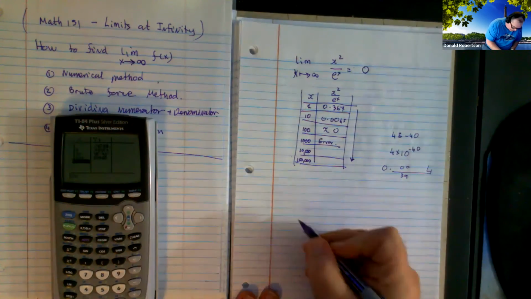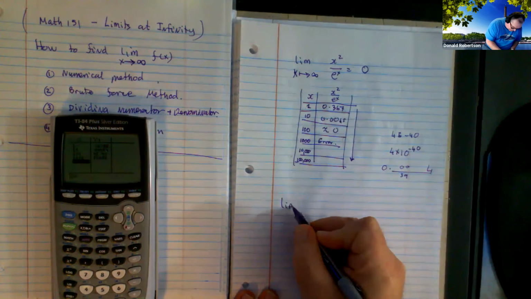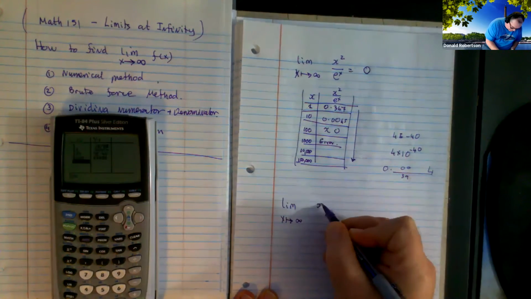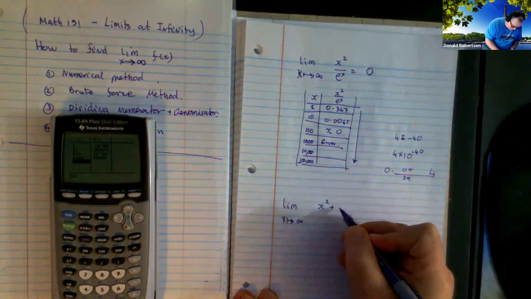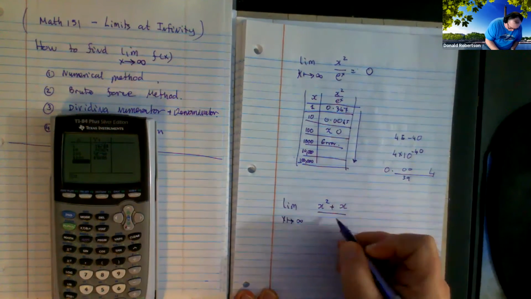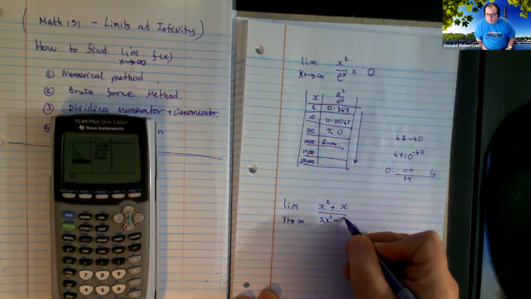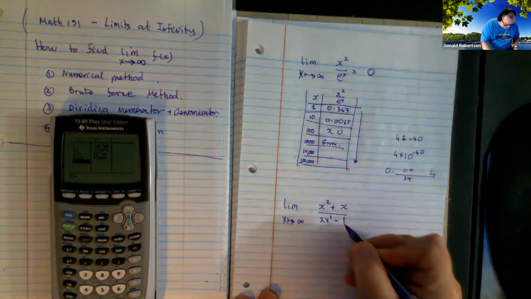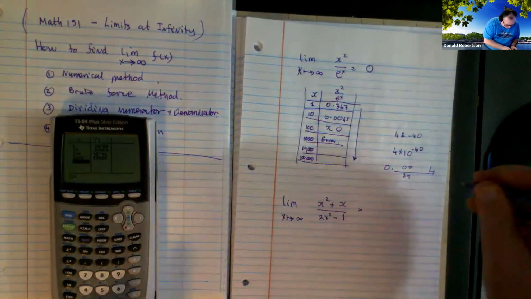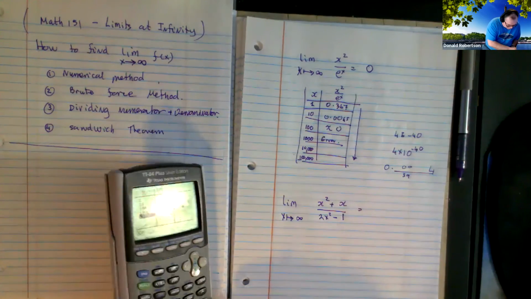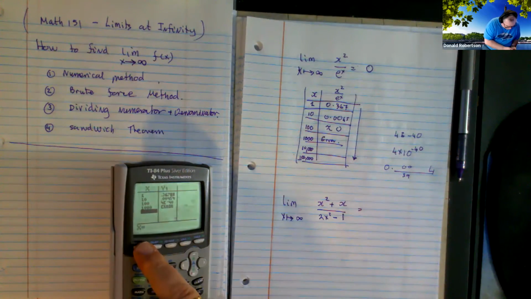Let's suppose I wanted to find the limit as x tends to infinity of x squared plus x over 2x squared, take away 1. In the same way that I just did here, if I'm doing it numerically, I'd press y equals.